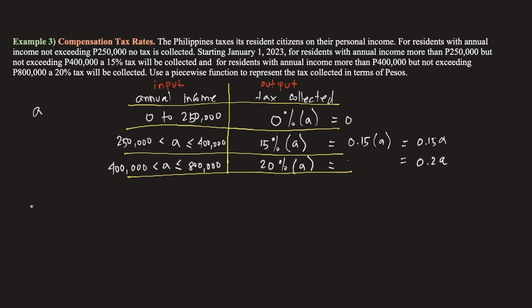In this case, we're going to name this function as k, with a as its variable, where a represents the annual income. Okay, a represents annual income. And it is constructed as, here there will be 3 lines.